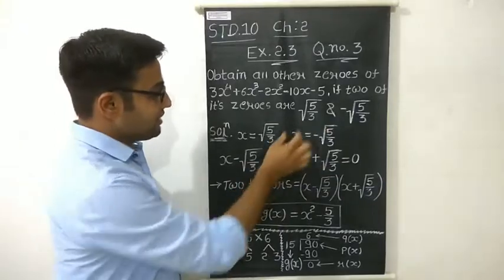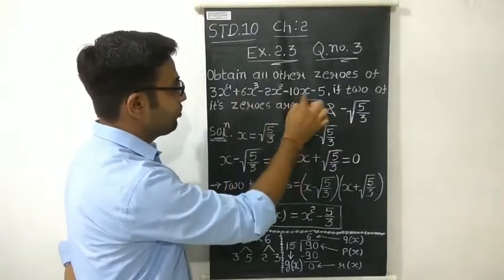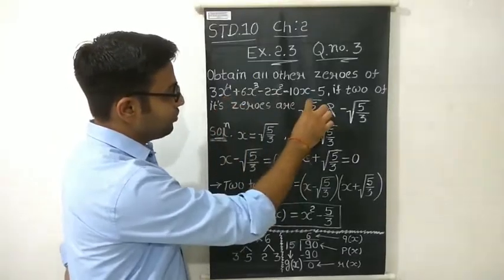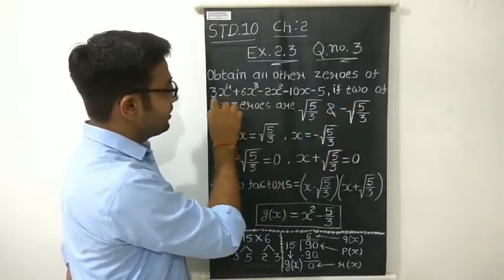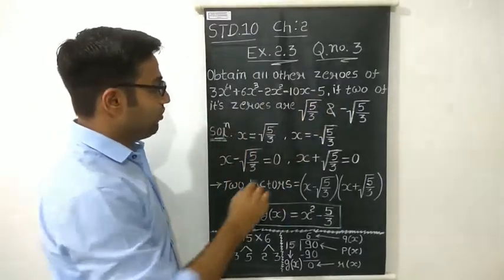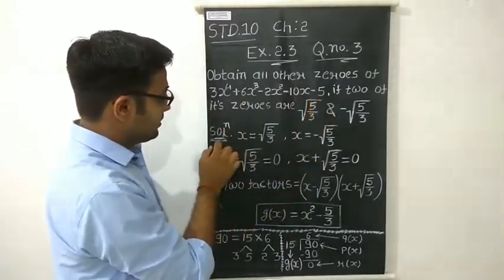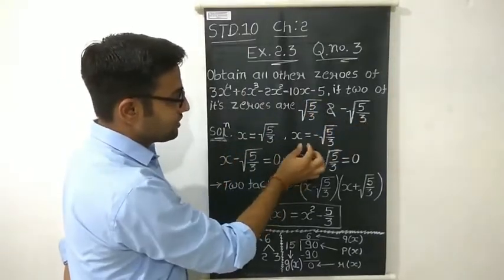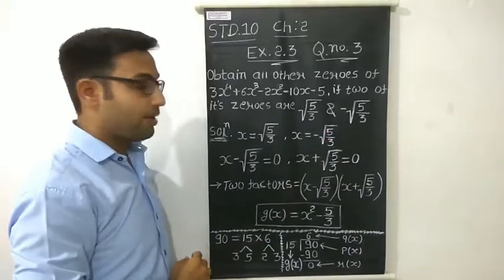As these are the zeros of this polynomial, we know that by putting this value or this value instead of x, the whole polynomial's value becomes 0. So we can write x equals root 5 upon 3, and the second one is also x equals minus root 5 upon 3.